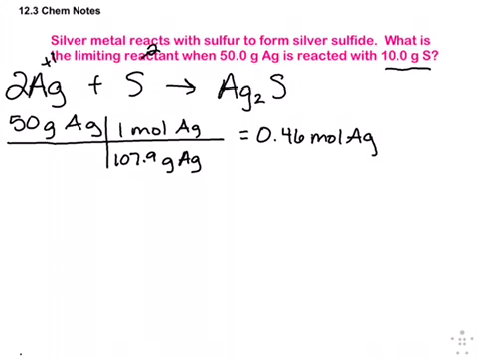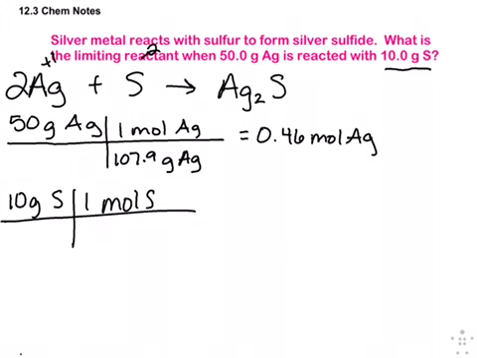Then you proceed to do that again with the mass of sulfur. So 10 grams of sulfur, and we need to convert that to moles of sulfur. So you use the mass from the periodic table, which is 32.07 grams of sulfur, and you should get 0.31 moles of sulfur.